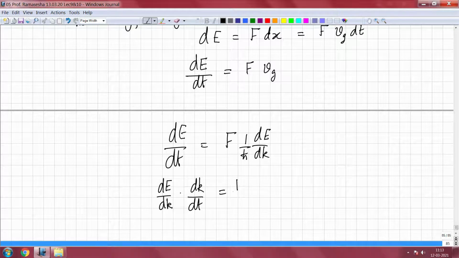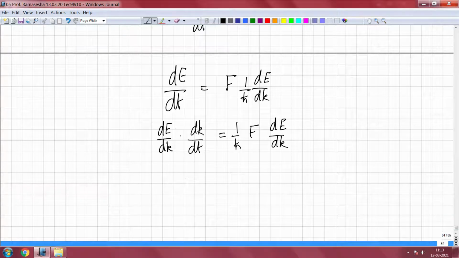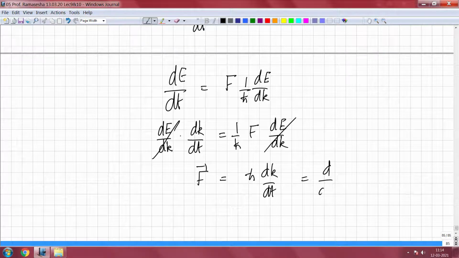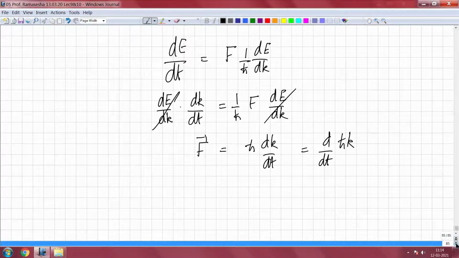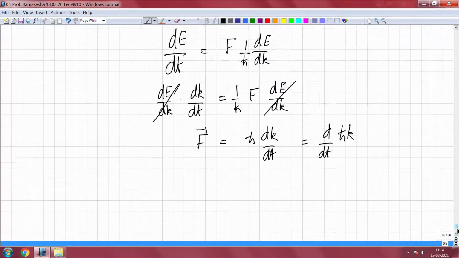This is equal to 1 by h cross F dE by dk, or dE by dk will cancel on both sides. And what we get is F is equal to h cross dk by dt, or equal to d by dt of h cross k, which should not be surprising because h cross k gives you the momentum, and the rate of change of momentum is the force.